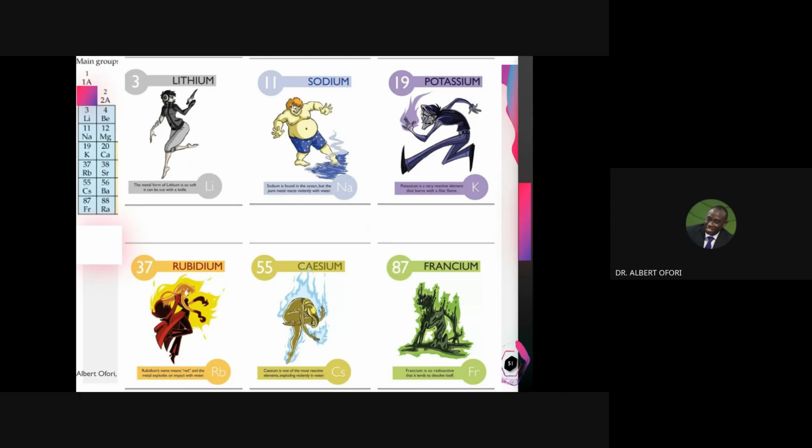Then we have sodium. Now, if you look at the picture, what's that man doing? That character is stepping into water. Do you see that? And when you look at his face, when he steps into the water, it is like he has leaped up.